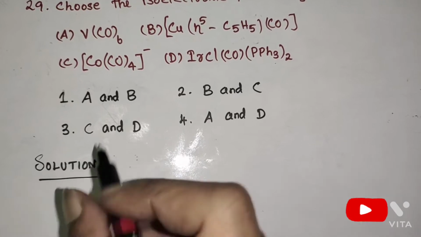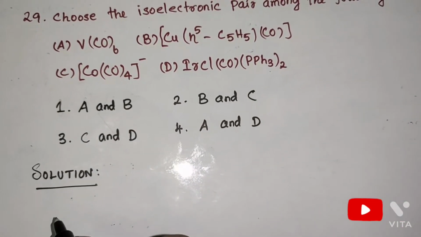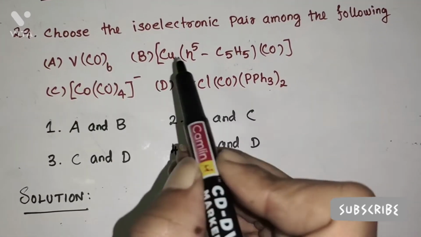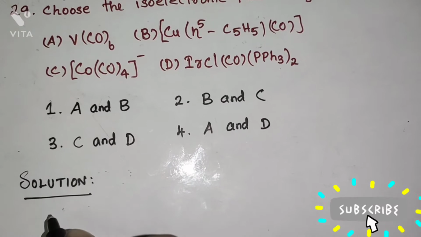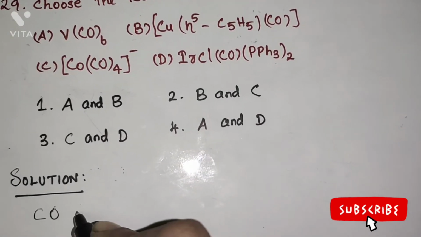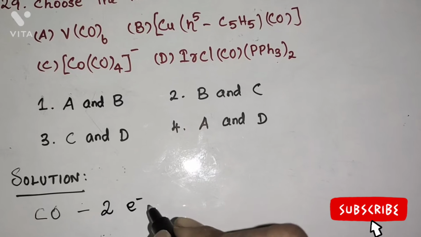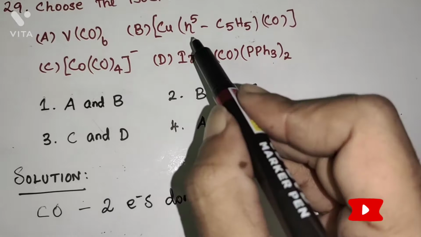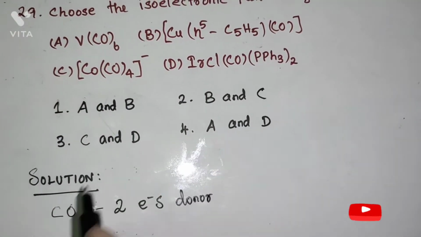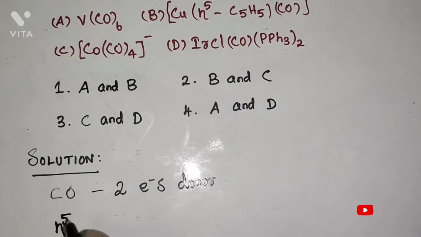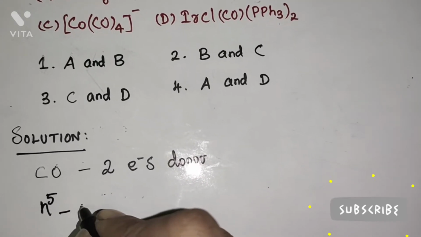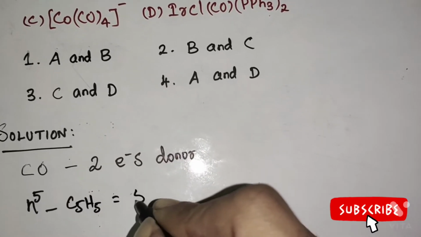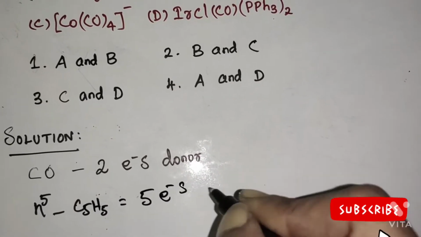Initially, I am going to write the charge of each ligand according to the neutral ligand method. First, the carbonyl ligand is a 2 electron donor. The second one, pentahapto C5H5, cyclopentadienyl, is a 5 electron donor.